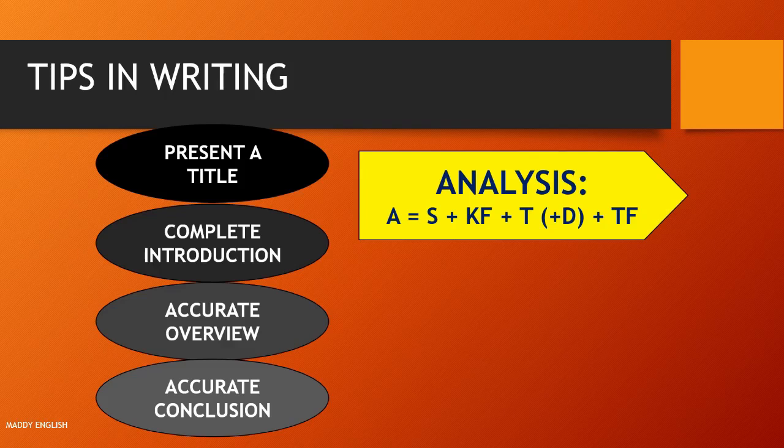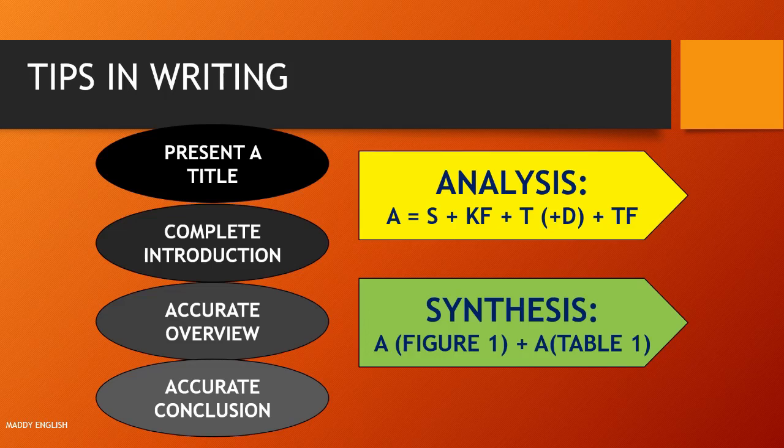Make sure these 5 elements are present. Double check your answers. As for synthesis, as far as possible, you should be able to produce one analysis from Figure 1 and the other from Table 1 and link them with an appropriate linking word. You might want to check for a logical link or illogical link.